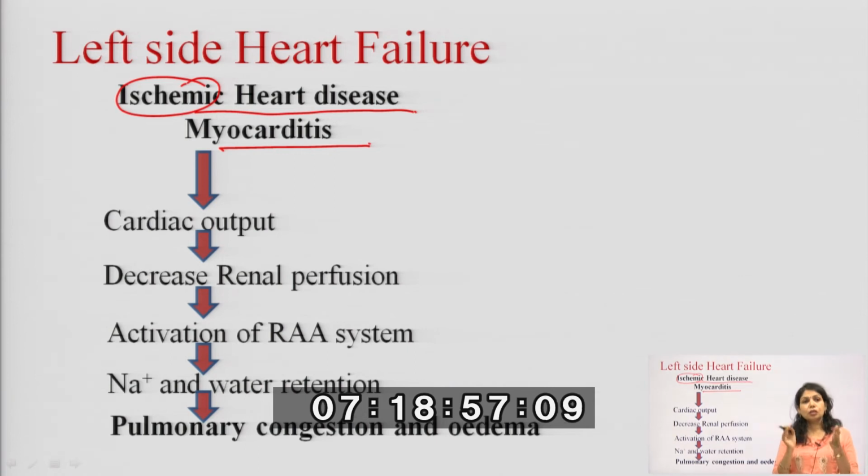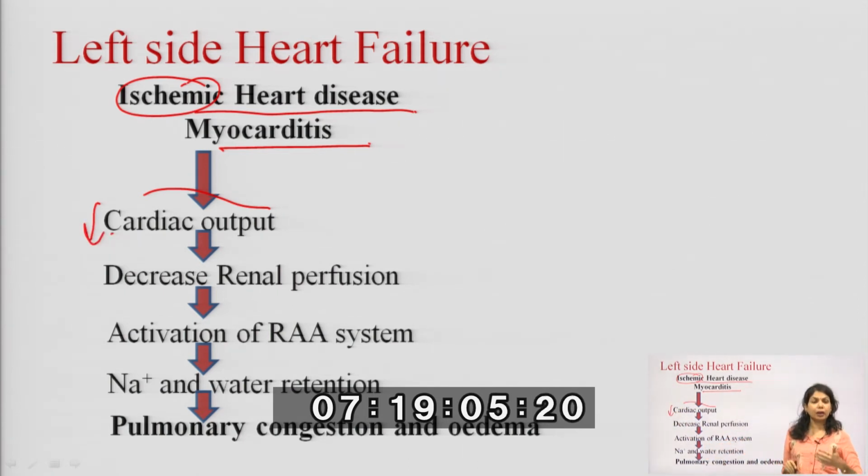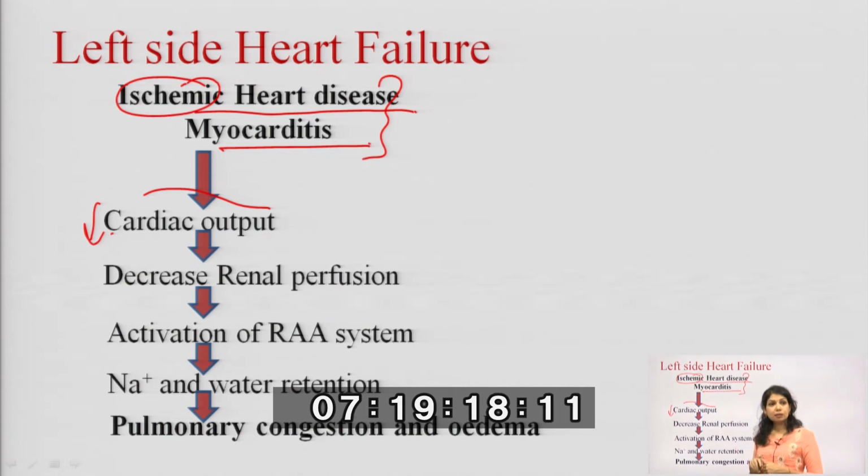When both these conditions are there, what will happen? There is decreased cardiac output. Cardiac output means the amount of blood that is pumped out in 1 minute. So, cardiac output will decrease when the patient is suffering from these diseases.